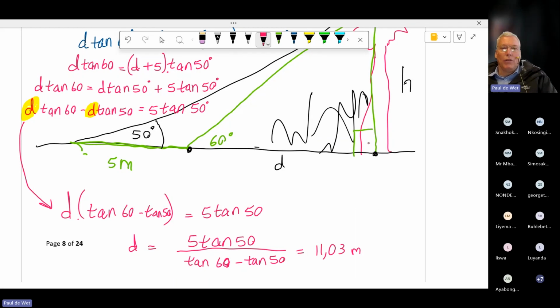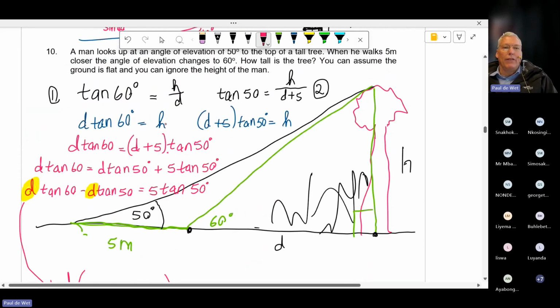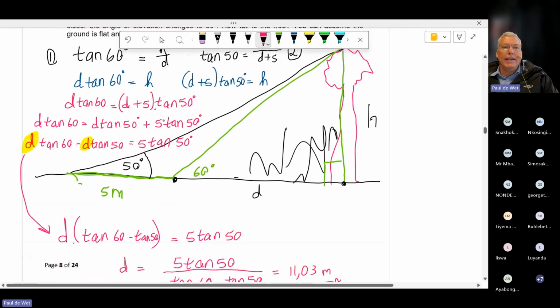Now, I want to know how tall the tree is. So now I can substitute this value back into one of these equations. The height of the tree is d tan 60. We can see here's an expression for the height of the tree.